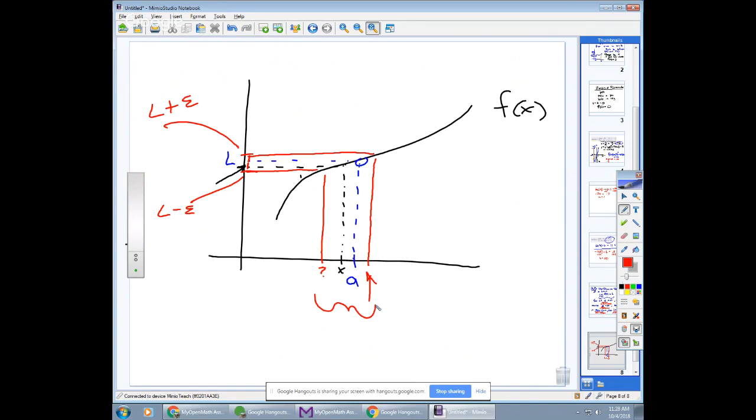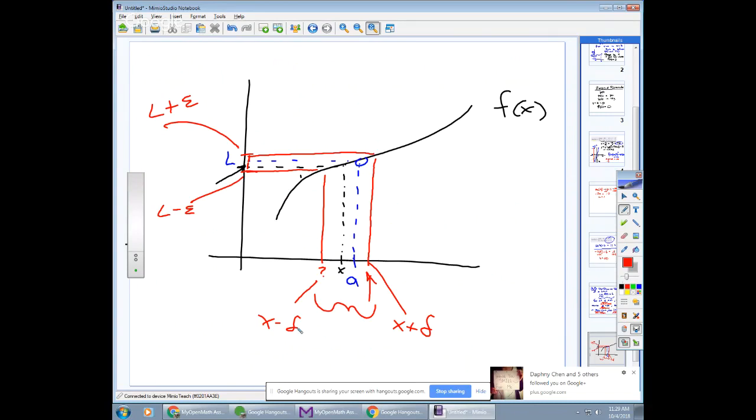So the definite process definition just basically shows us how to zoom in on that one, which we already know how to do. We're just putting it in other terms. Down here, this number over there, that's kind of like the x plus delta, that little bit to the right, or this over here could be my x minus delta, a little bit to the left. So that's it kind of broken down.